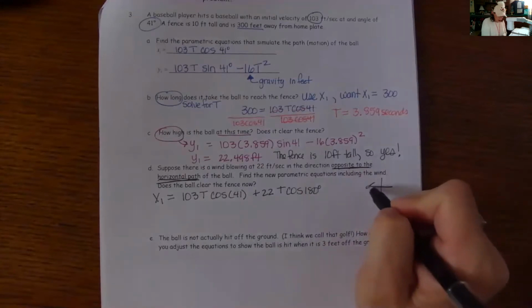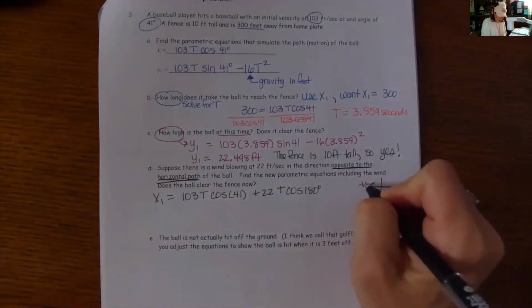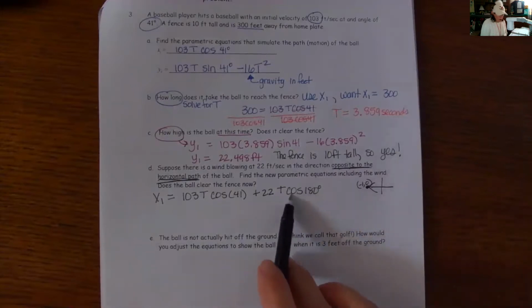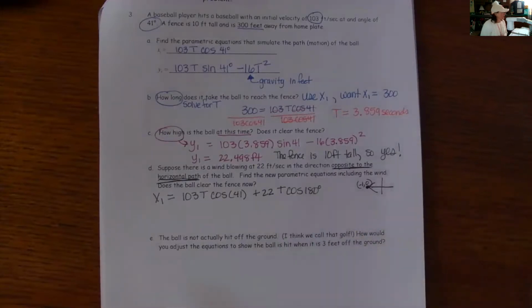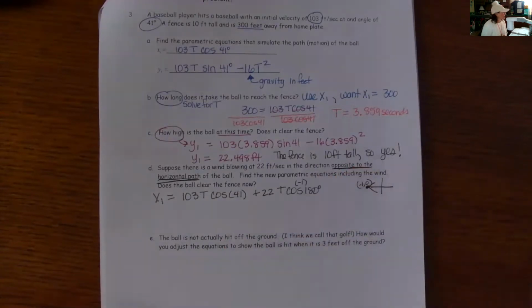And what is cosine over here? What's the value of cosine over there? -1, right? Cosine is negative. So when we say cosine of 180, what are we going to get? -1. So is it going to subtract itself?